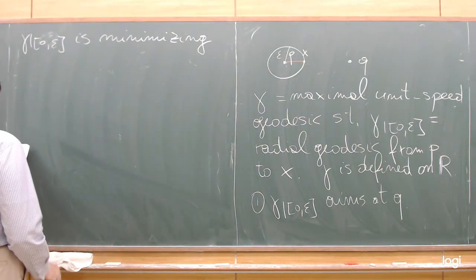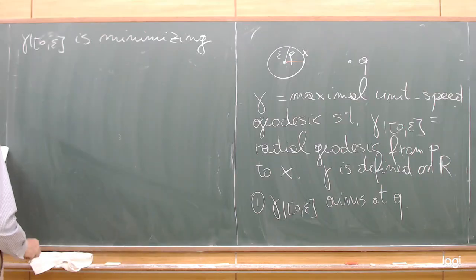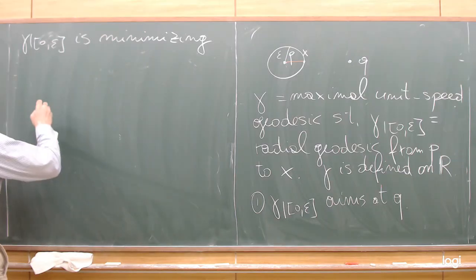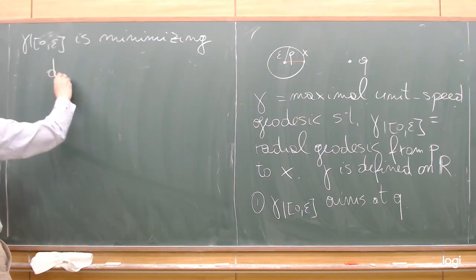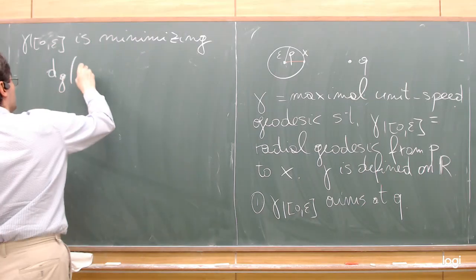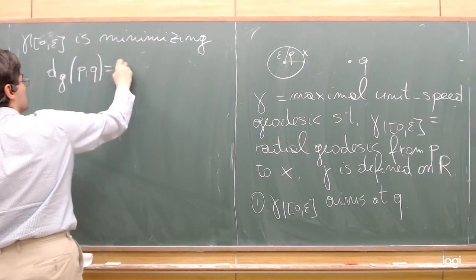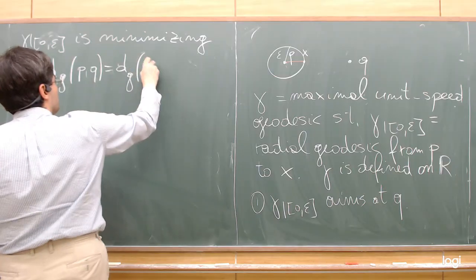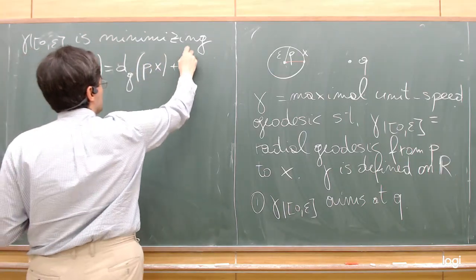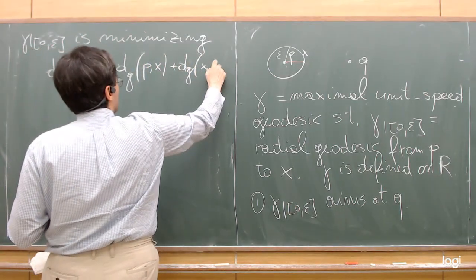So now we need only to show that d(P,Q) is equal to d(P,X) plus d(X,Q).